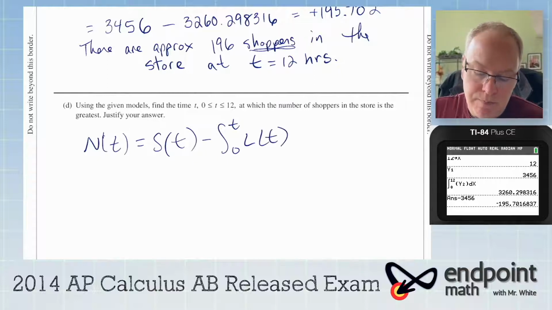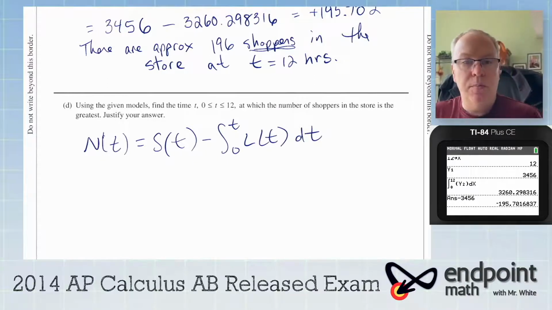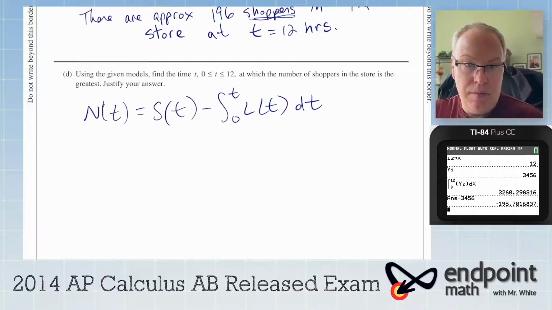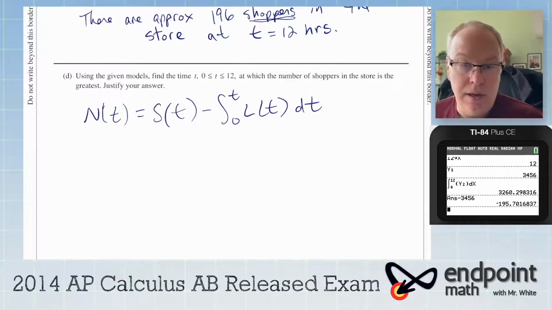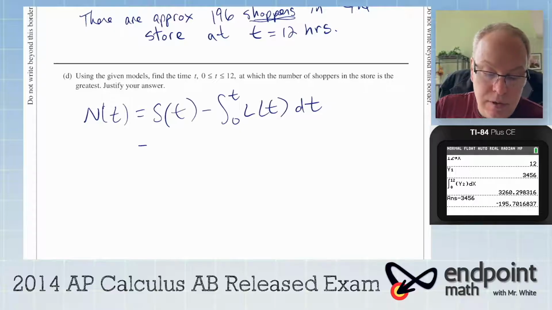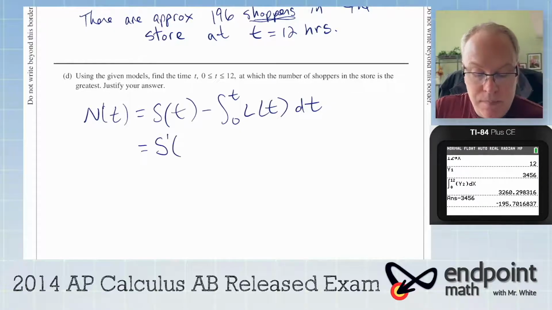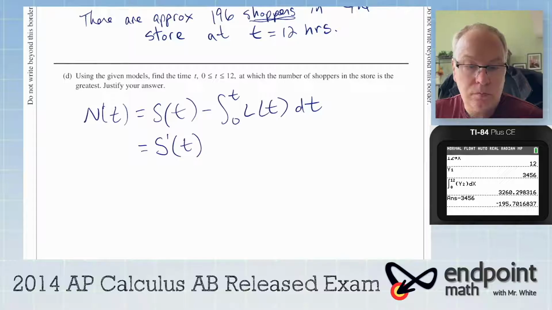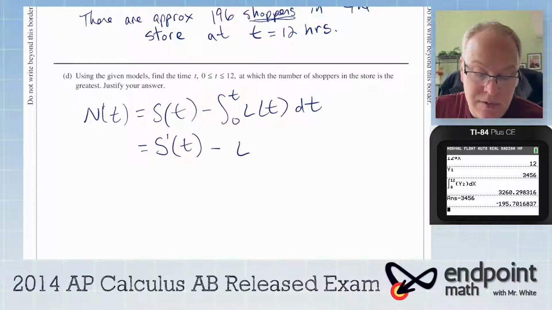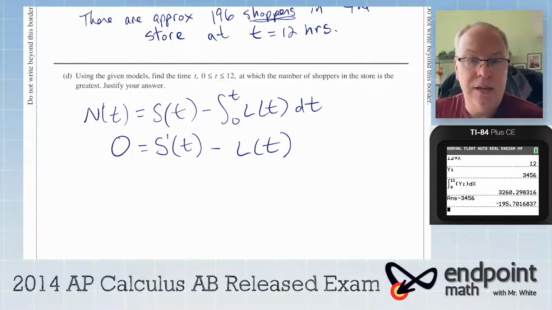All right, would you agree? That's the total number at any given time that are left in the building. We want to maximize this. So we're going to take the derivative, which would be s prime of t minus, now the derivative of this is just L of t. And we set that equal to 0, and we solve it.